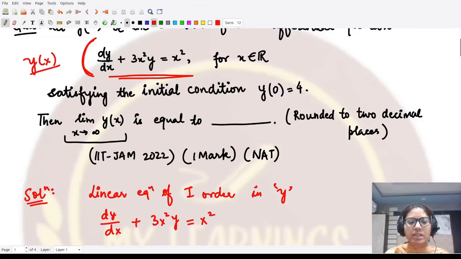This is linear because this coefficient is a function of x and does not contain y. Whenever we talk about linearity in y, if the powers of y, or any two terms of y, are multiplied to each other, then the term is non-linear, otherwise it is linear.